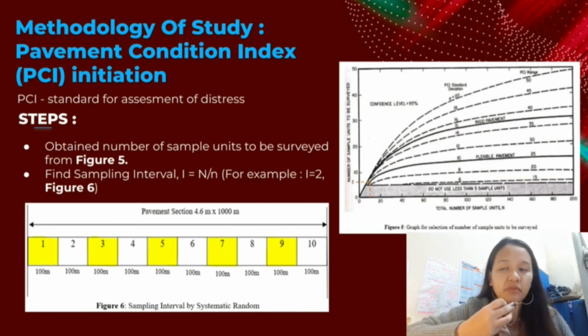The big N here, as found before, is 10, and the small n, which we found from the graph, is 5. So 10 divided by 5 equals 2. That's why in figure 6, we are using a sampling interval of 2, where the sample units to be surveyed are sample 1, sample 3, sample 5, sample 7, and sample 9.